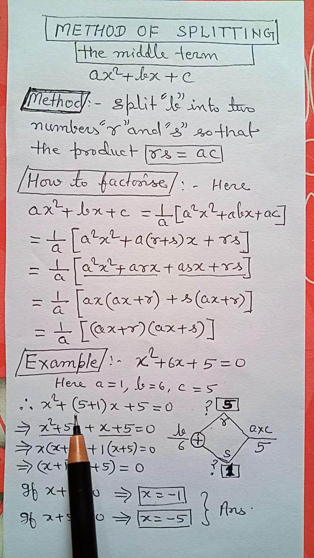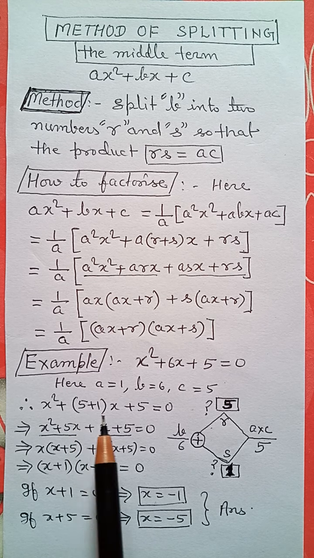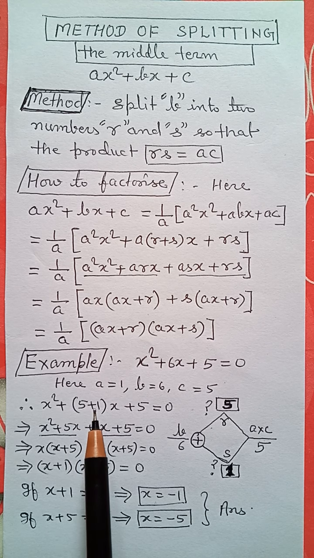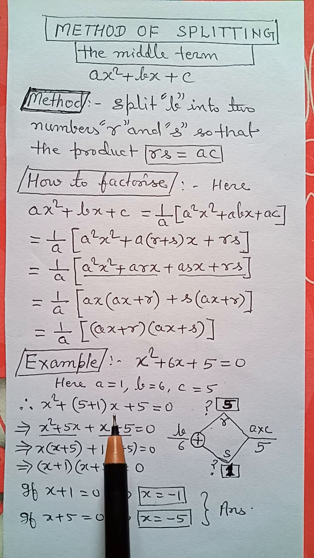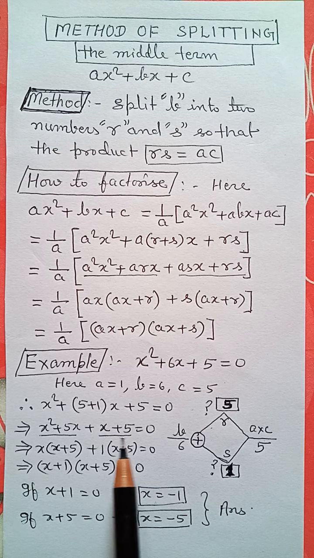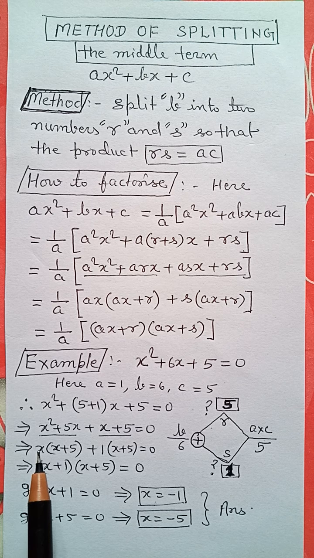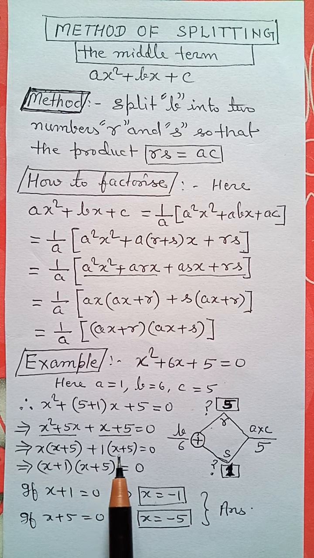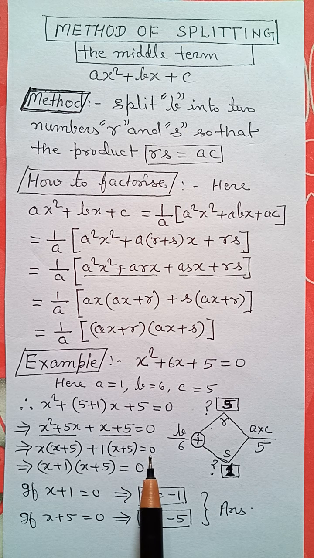Now opening this bracket, we have x square plus 5x plus 1x, that is x, plus 5 is equal to 0. Now grouping these terms, we have x multiplied by (x plus 5) plus 1 multiplied by (x plus 5) is equal to 0.